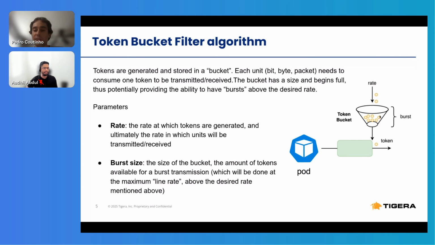So even though you can have a low rate, if you have a very large bucket, initially you're going to have transmissions at high rates until that bucket is empty, and then you'll fall back to just the rate that you're enforcing. Both of these are configurable. We'll show them in more detail, like what they actually reflect on our controls.